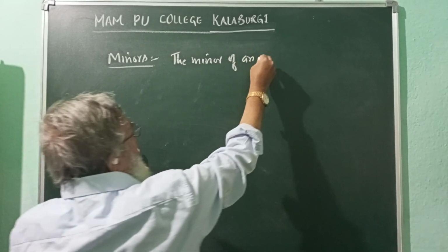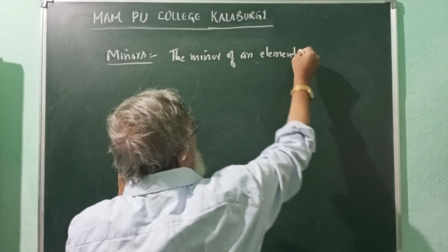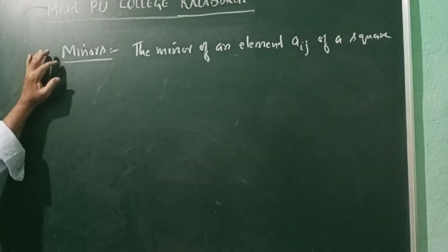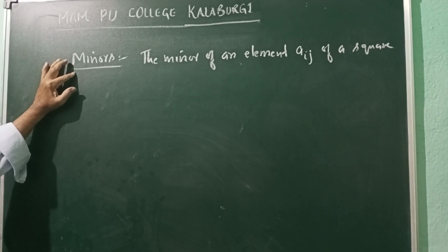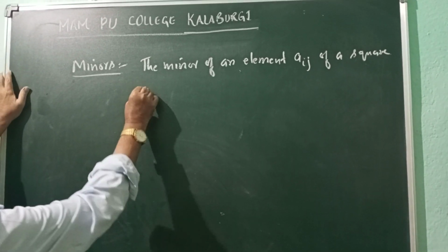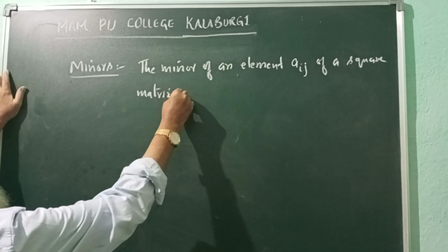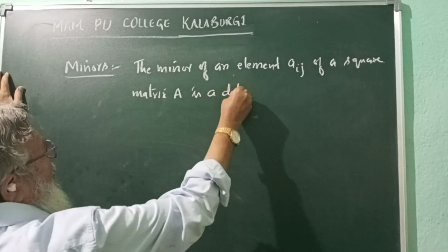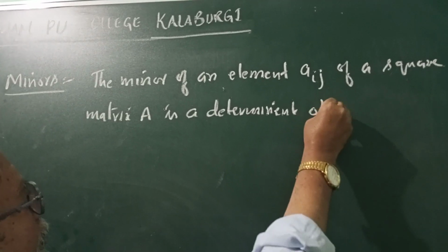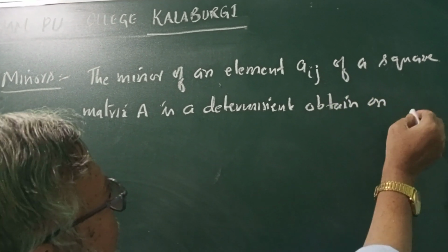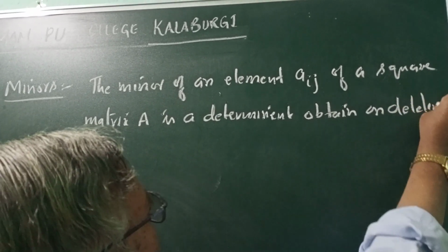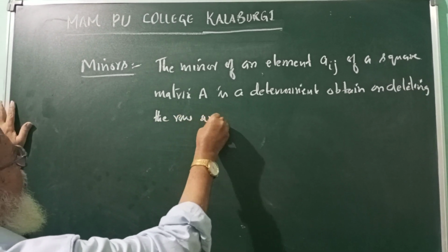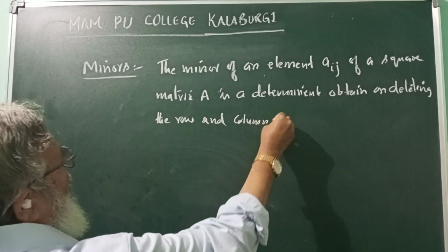The minor of an element Aij of a square matrix A is a determinant obtained on deleting the row and column of Aij.